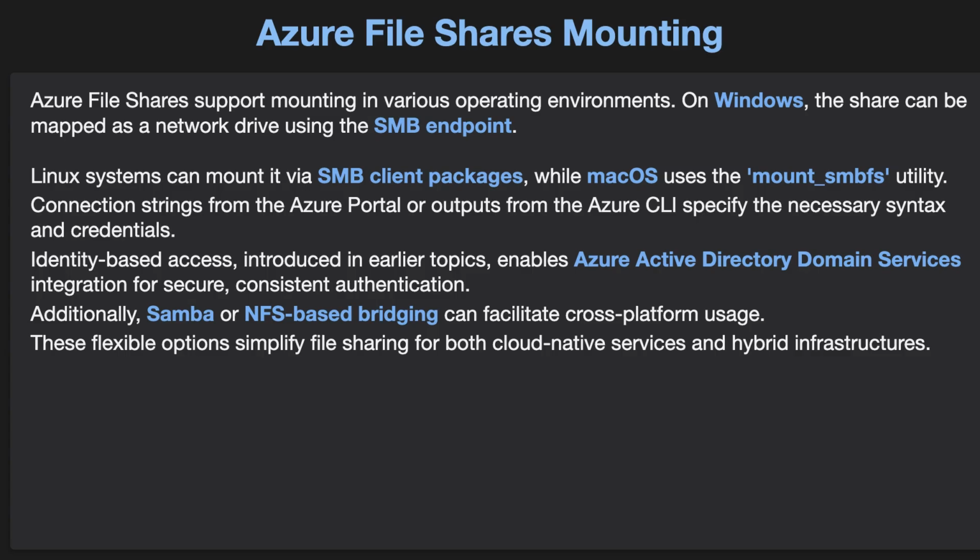Identity-based access, introduced in earlier topics, enables Azure Active Directory Domain Services integration for secure, consistent authentication. Additionally, Samba or NFS-based bridging can facilitate cross-platform usage. These flexible options simplify file sharing for both cloud-native services and hybrid infrastructures.